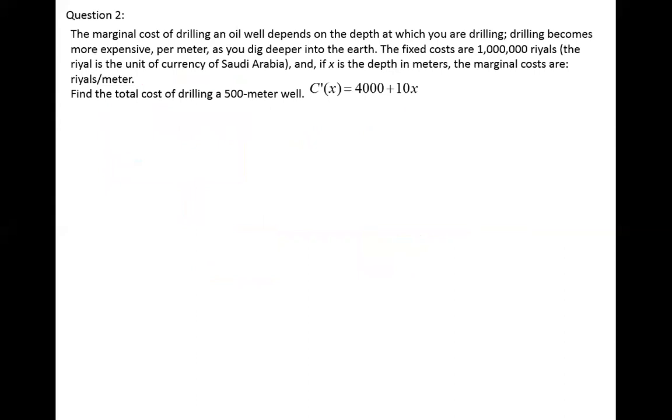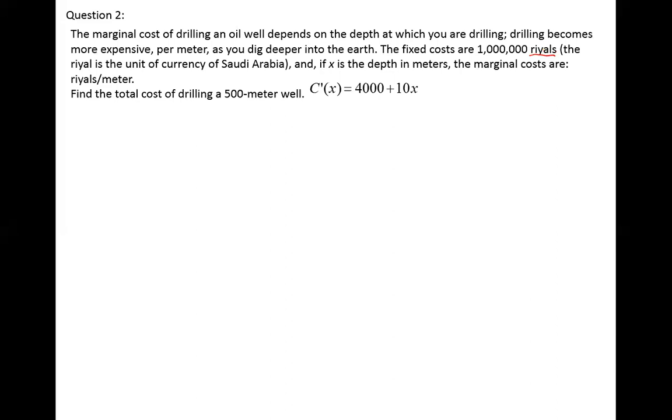The marginal cost of drilling an oil well depends on the depth at which you are drilling. Drilling becomes more expensive per meter as you dig deeper into the earth. The fixed costs are 1 million, and I don't know if I will pronounce this correctly, riyals, the currency of Saudi Arabia.